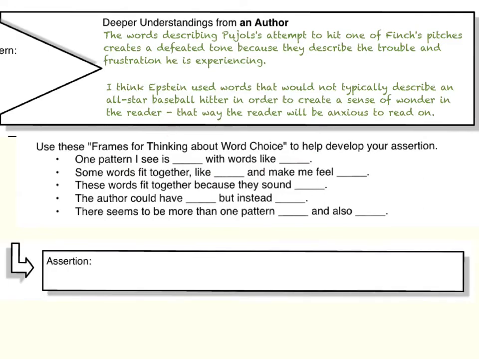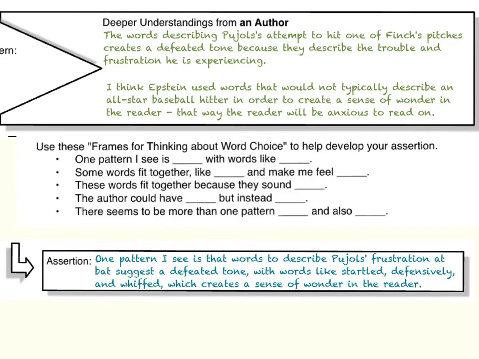One pattern I see is that words to describe Pujols' frustration at bat suggest a defeated tone, with words like startled, defensively, and whiffed, which creates a sense of wonder in the reader. You can see that my assertion has pulled some important information from both of the deeper understandings.